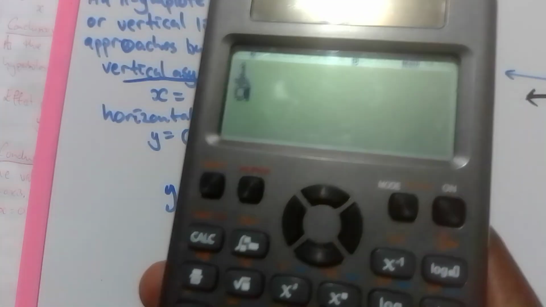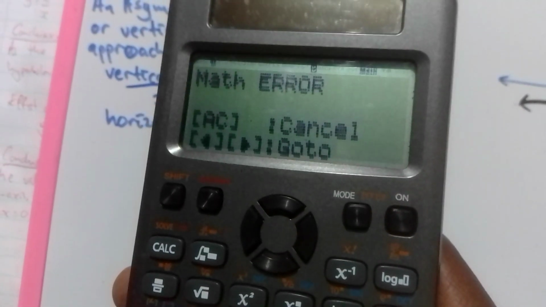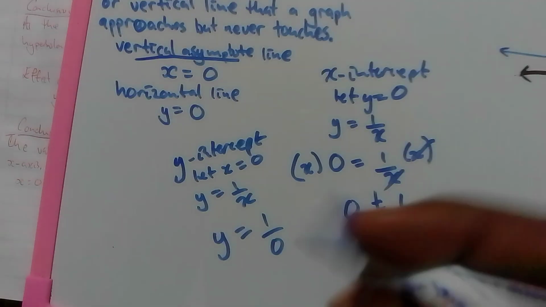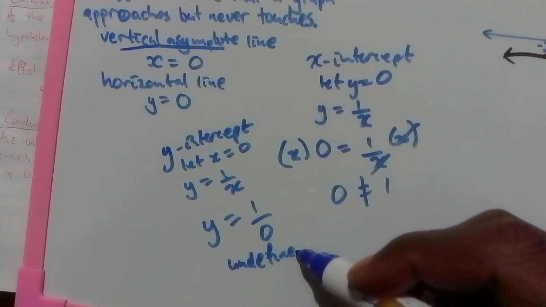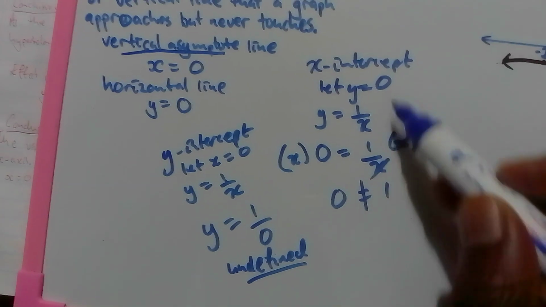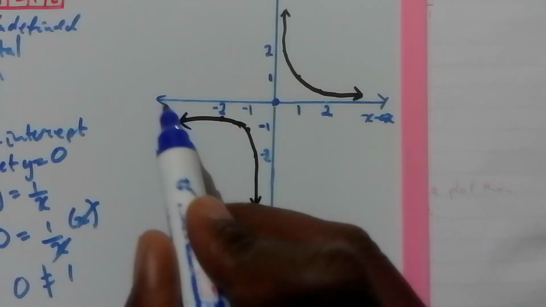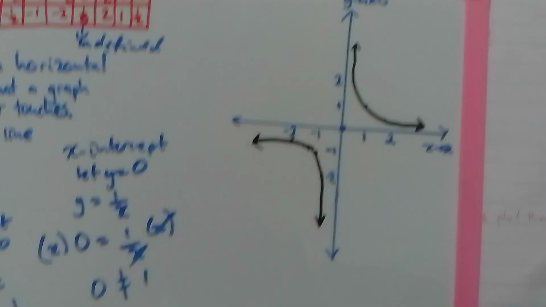I say 1 divided by 0, and it says math error. But when we are writing, we don't write math error. In such a case, we call this undefined. And because we don't have an x-intercept or a y-intercept, we call the x-axis an asymptote and the y-axis an asymptote.